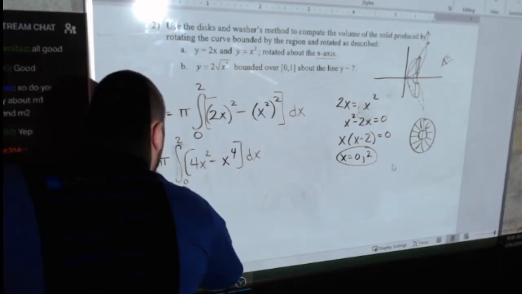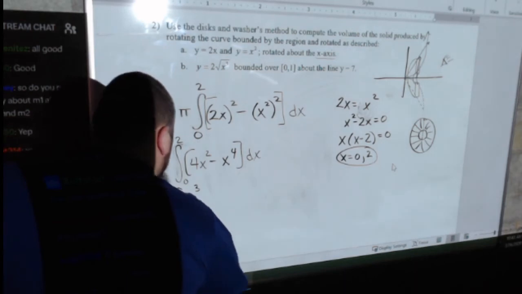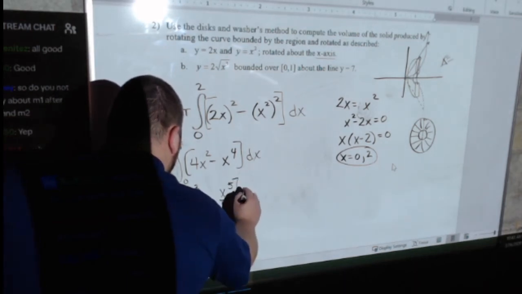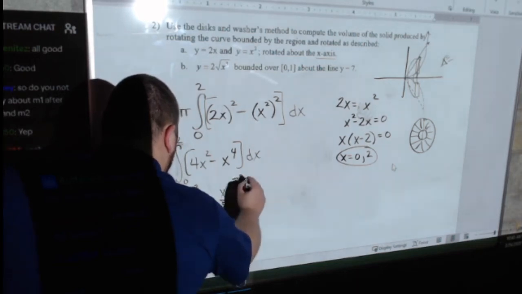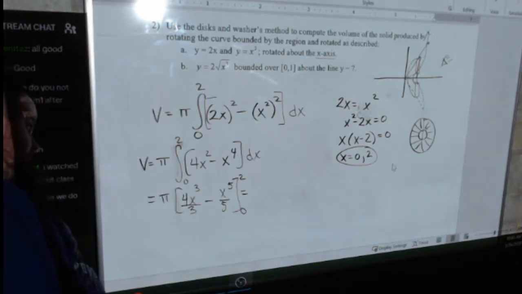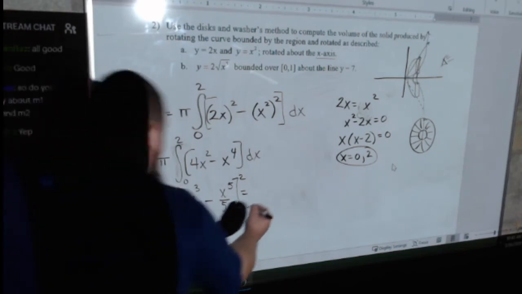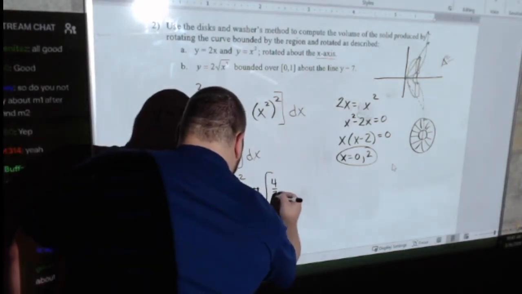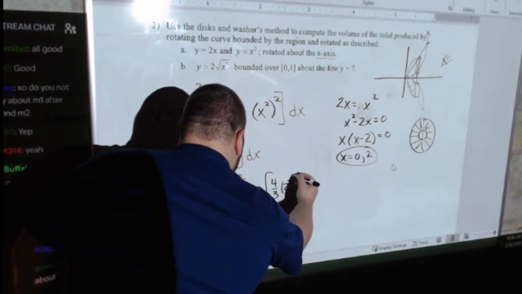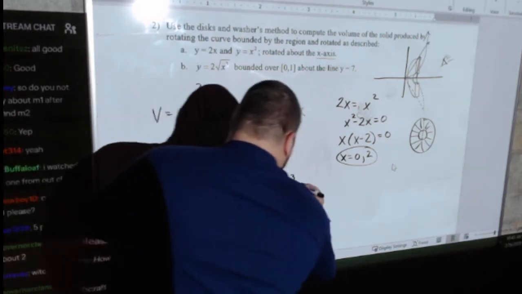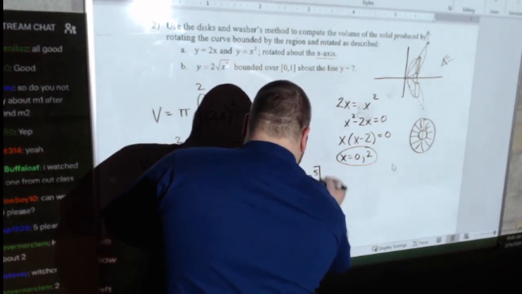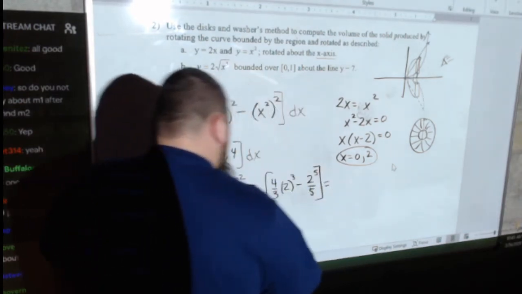So this is going to be 4x cubed over 3 minus x to the 5th over 5, running from 0 to 2. Plug in 2 everywhere. You would then plug in 0 everywhere, but that's all going to go to 0.